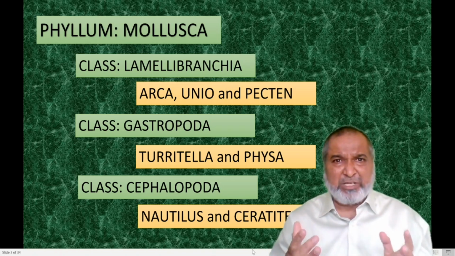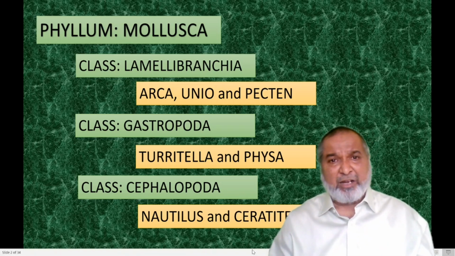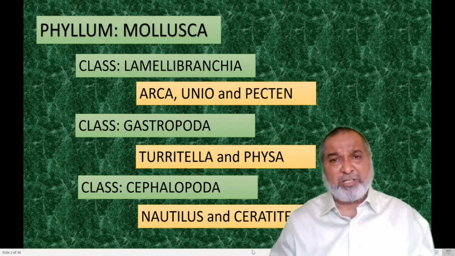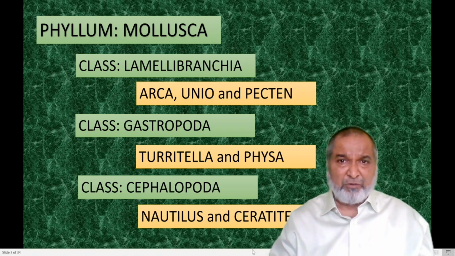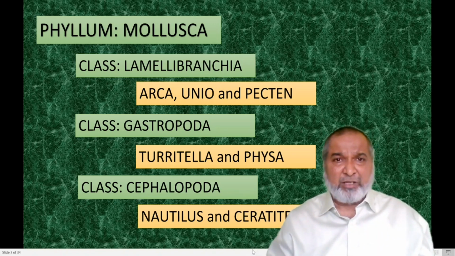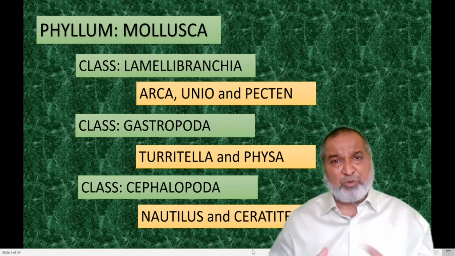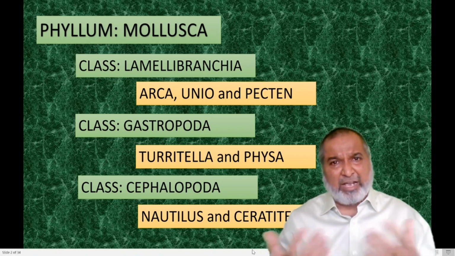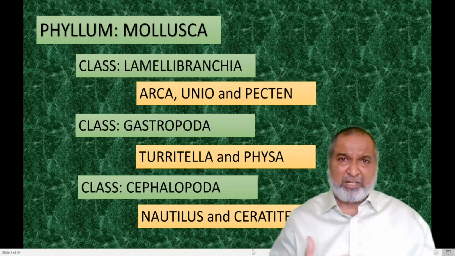First we have to see phylum Mollusca. If you see the geological and geographical distribution, most of them are found in all parts of the world, and right from the Paleozoic to the present they are there. The number of species, some will decrease, some will increase.